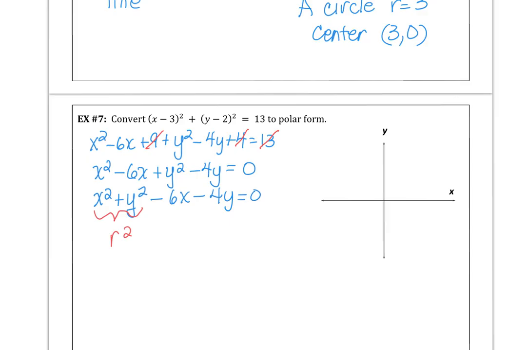Then we have minus 6 and x is r cosine theta. And minus 4 and y is r sine theta. That equals 0.